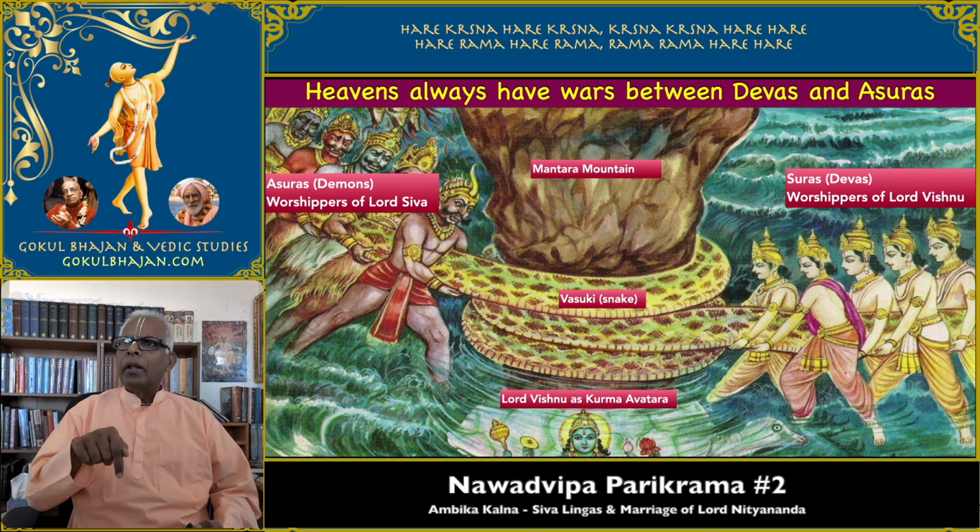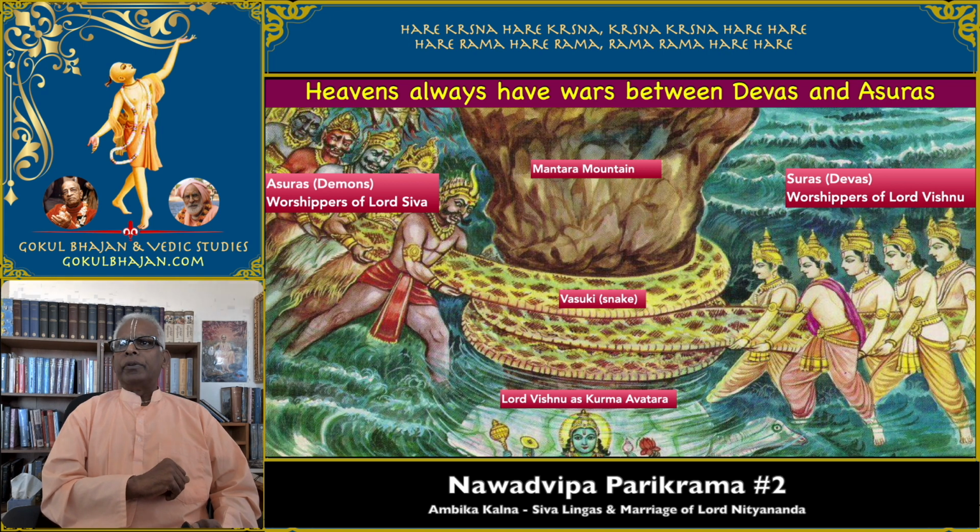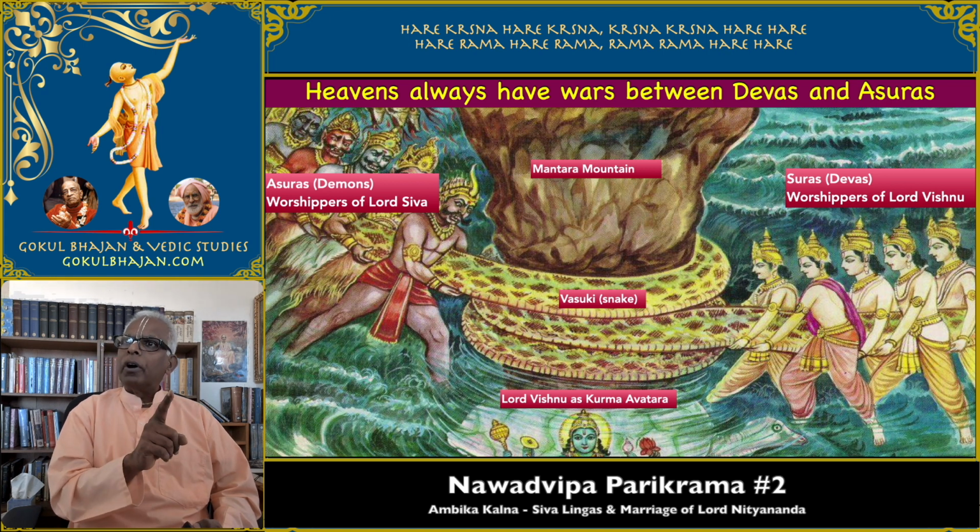Take the example of churning the milk ocean to get amrita out of it. On the left side you see asuras, demons. They are worshippers of Lord Shiva.